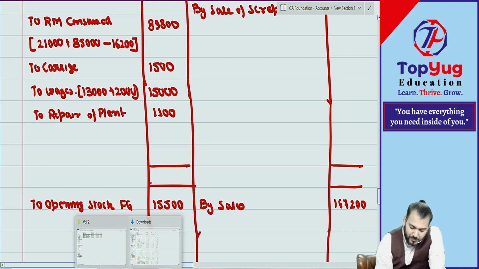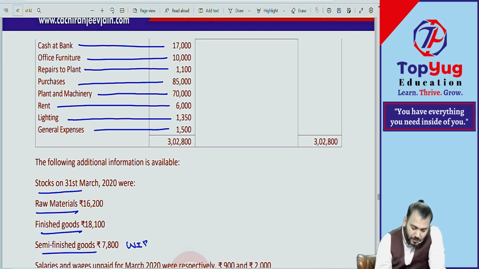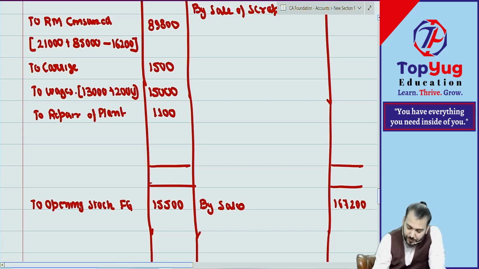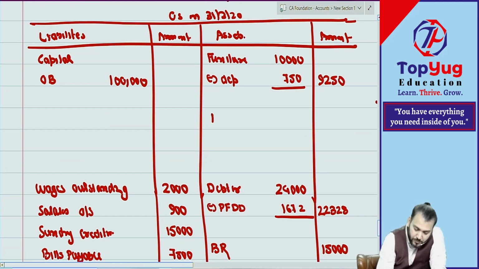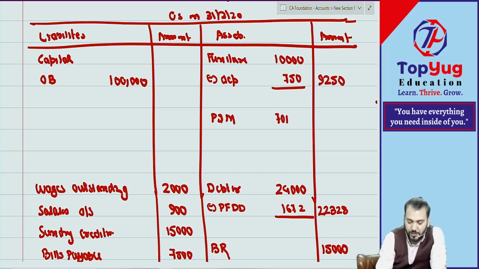Already we have taken. Purchase done. Plant and machinery will go where? Balance sheet. Plant and machinery how much? And depreciation at what rate? 7,000. It becomes how much?